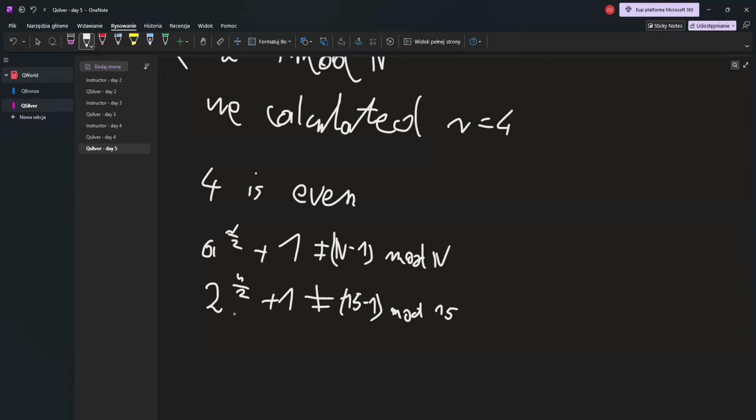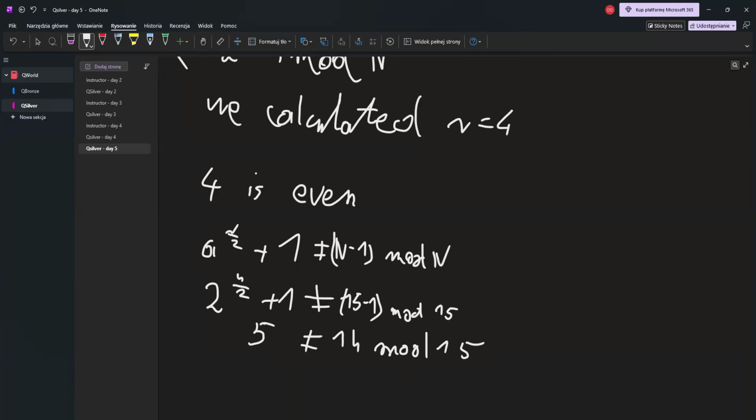So here we have 2 to the power of 2 plus 1, so we have 5, and here we have 14, remainder 15, yes. So we can clearly see that if we divide 5 by 15, the remainder is not equal to 14.